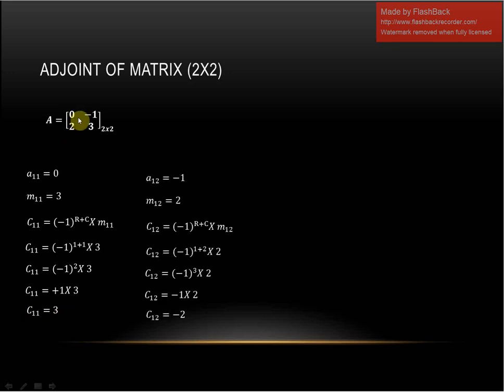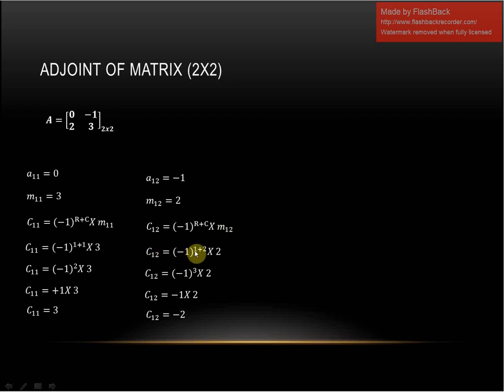Similarly, you will calculate the cofactor associated with the first row and the second column. So you will take A12. What is the value of A12? Minus 1. So the minor associated with the first row and the second column is 2. You will forget this row and column. So which number is left? 2. So the minor associated with the first row and the second column is 2. So you will calculate C12 with the same formula, minus 1 raised to the power row plus column, multiplied by M12.